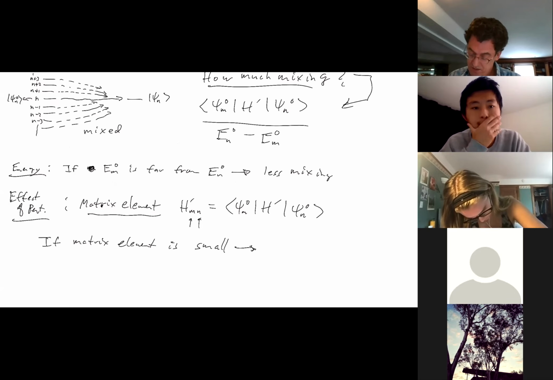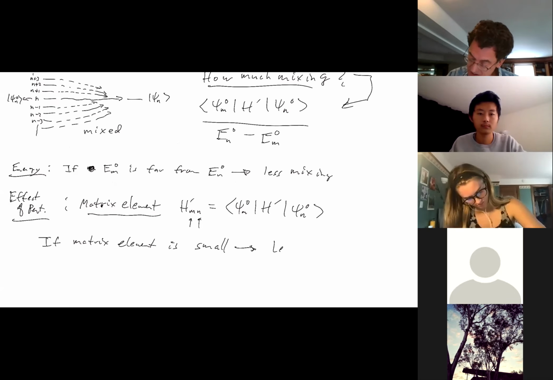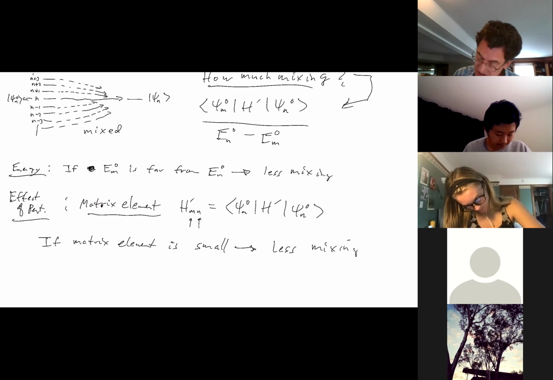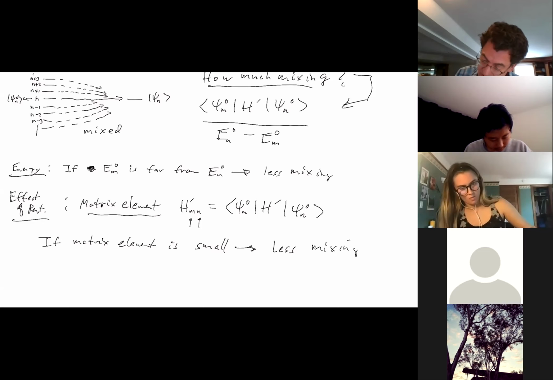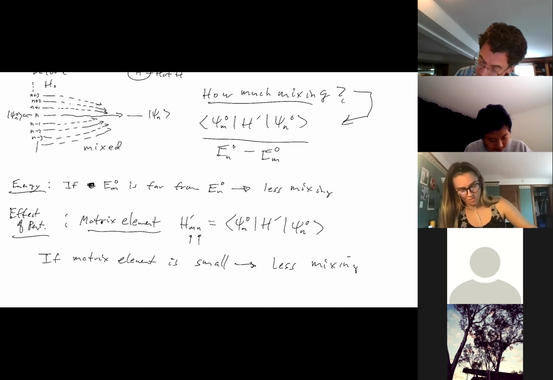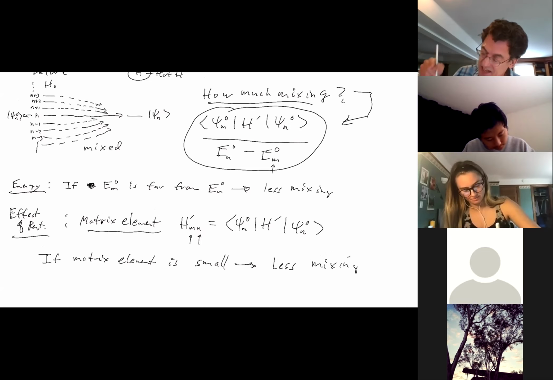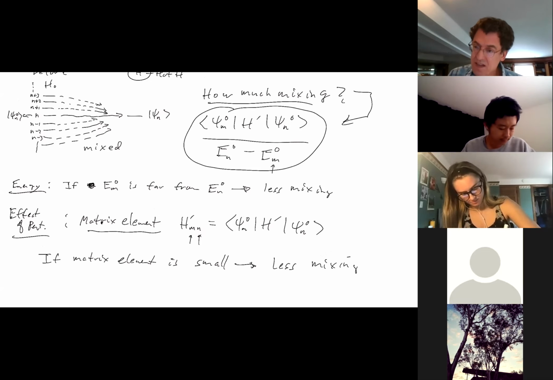No. That's right. If the matrix element is small, then less mixing. Because this is telling me how much the mth state is getting mixed into the nth state. And so if that matrix element is small, then the mixing is less.